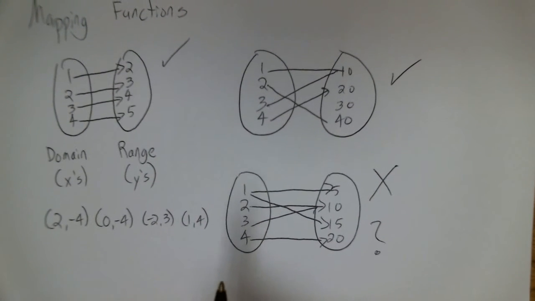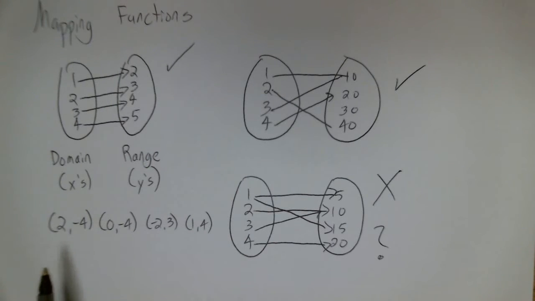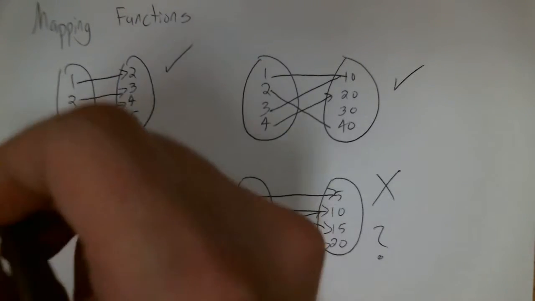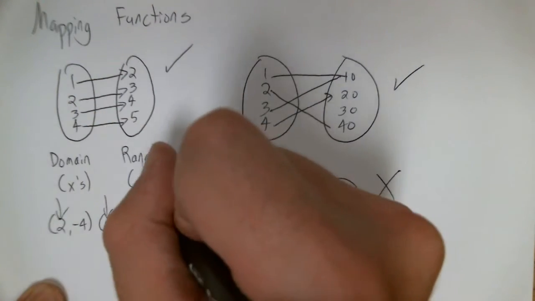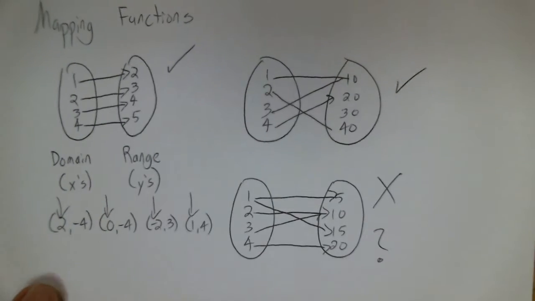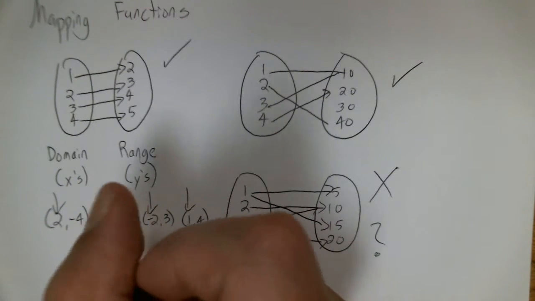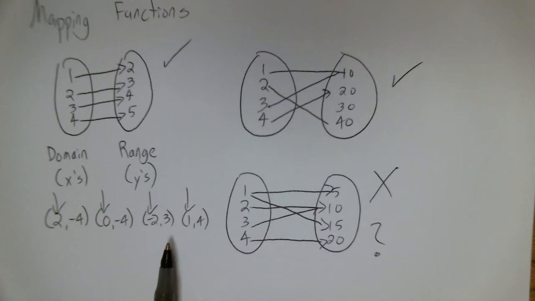Now one thing I will caution you about, one mistake that I see is that students will simply look at the x values, which is good, and look to see, do my x values repeat? I'm a little cautious to say that, because you could have x's that repeat. Let's look at this first one first: (2, -4), (0, -4), (-2, 3), and (1, 4).